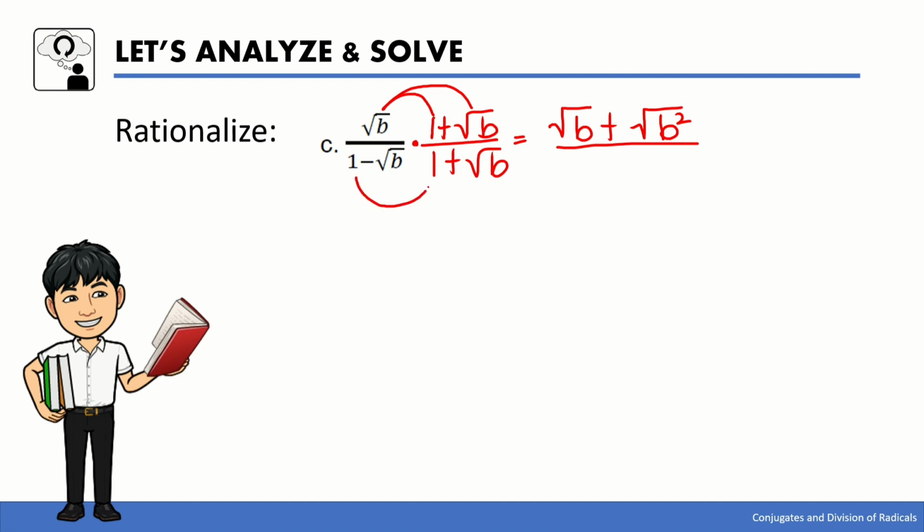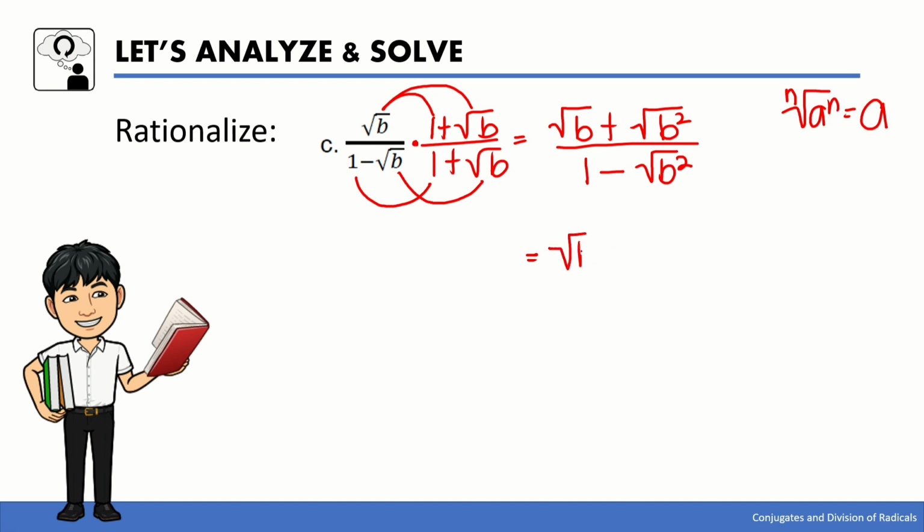So these are conjugates. So multiply the first term to the first term of the other binomial. 1 times 1 is 1 minus square root of b times square root of b. That is square root of b squared. Remember our property last time? If the index and the exponent are the same, we can cancel them out and the answer here is only b. So here, let's try to find those radicals that we can simplify.